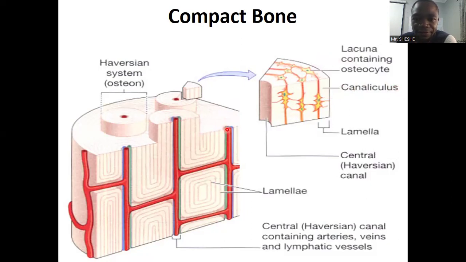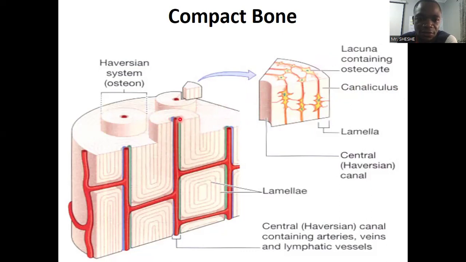So there are several of them. Now, each canaliculus leads to a single cell. So there are multiple cells there. Each cell has a canaliculus, and that canaliculus goes all the way to the central canal.